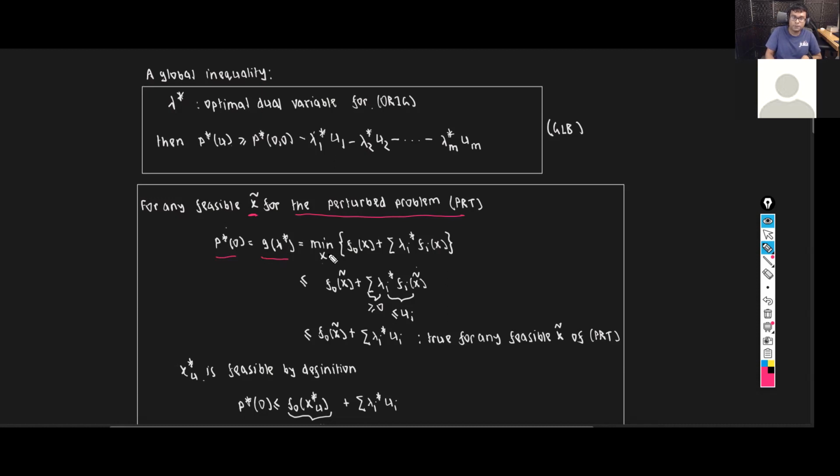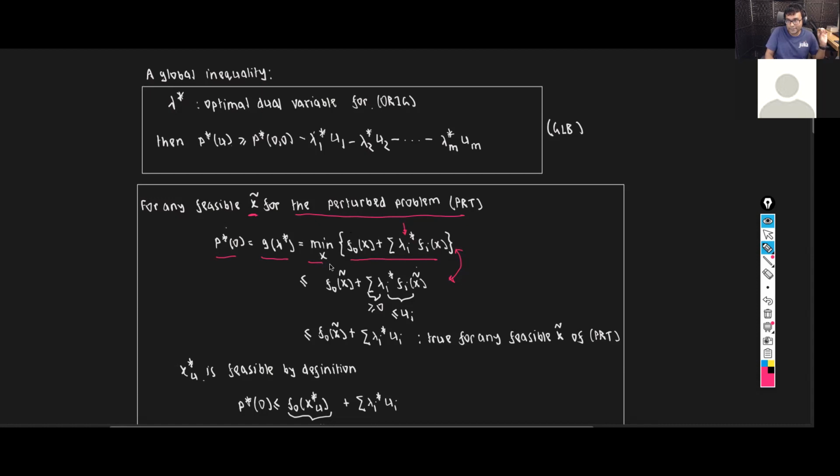By definition, the dual function's optimal value is essentially the minimization of the Lagrangian, but with lambda i set to lambda i star. So this is the Lagrangian being minimized at lambda i star. Now, going from this line to this line, what is the underlying logic? This is the minimization of this function over all x.